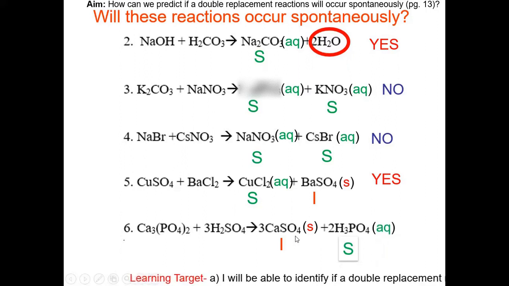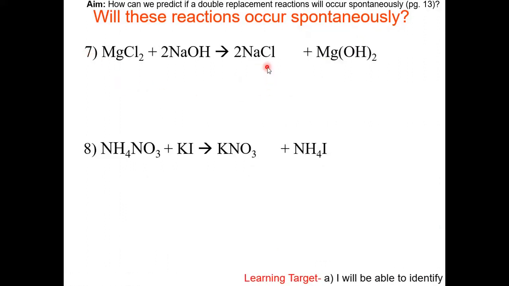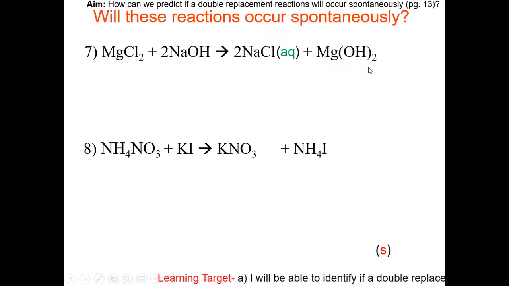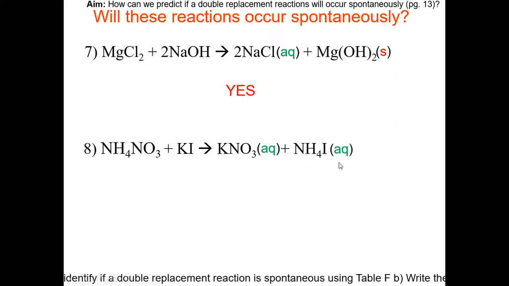Because calcium sulfate is insoluble, the chemical reaction is spontaneous. In number 7, sodium chloride is soluble, magnesium hydroxide is insoluble. Therefore, this double replacement reaction is spontaneous. In the last question, potassium nitrate is soluble, and ammonium iodide is also soluble. Therefore, this double replacement reaction is not spontaneous.